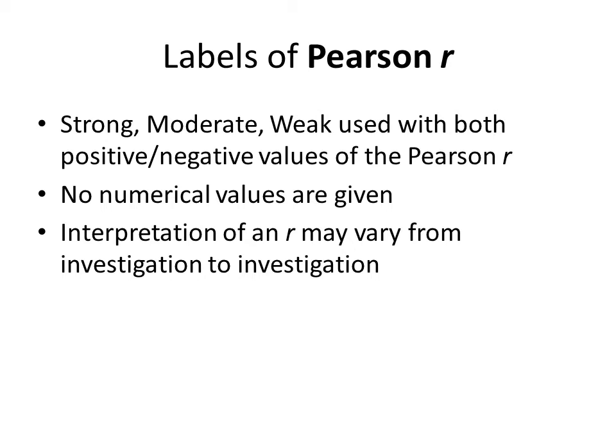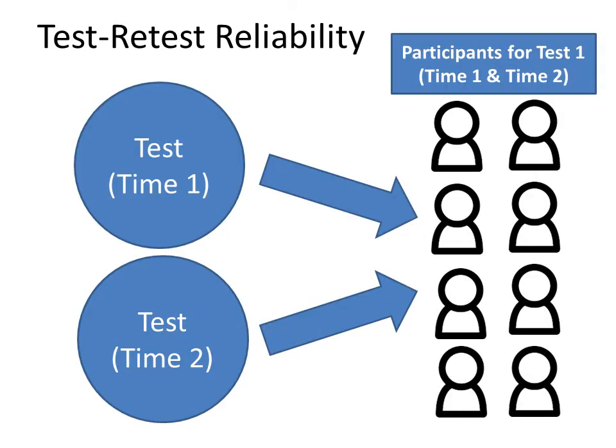Let me reiterate these points. Strong, moderate, and weak are used with both positive and negative values of the Pearson r. No numerical values are given. Interpretation of an r may vary from investigation to investigation.